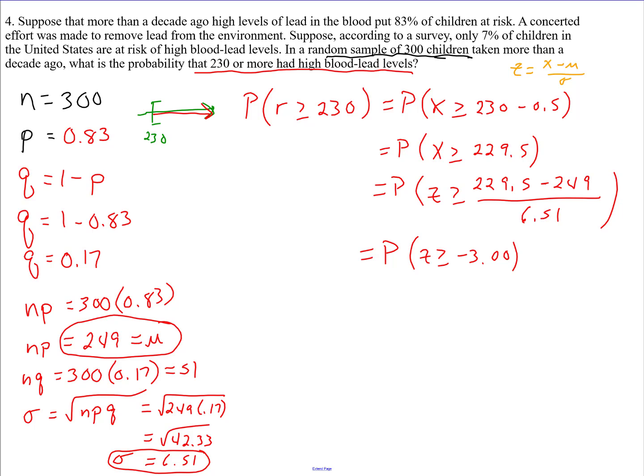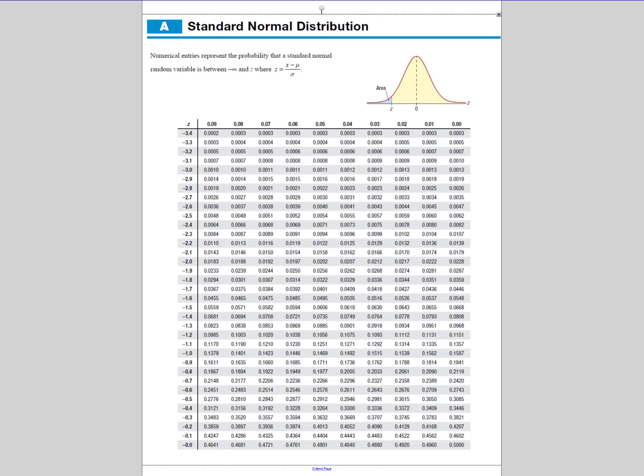All right, so how do we find this now? So now we're back to what we've done in chapter 6. So we've got probability z is greater than or equal to negative 3. So go to our z-score table. So negative 3.00. And find that probability. It's 0.0013.